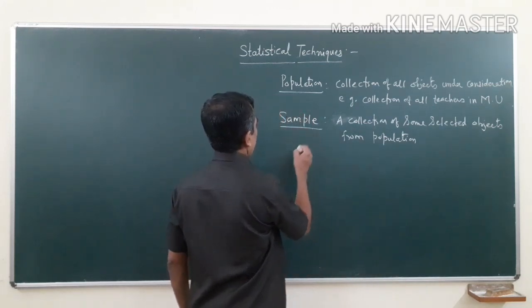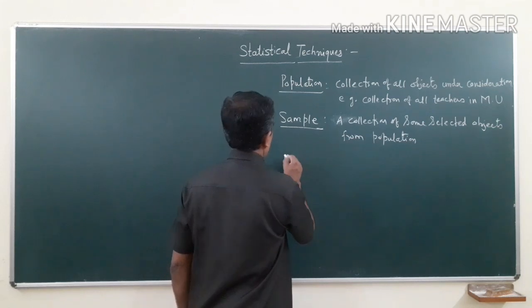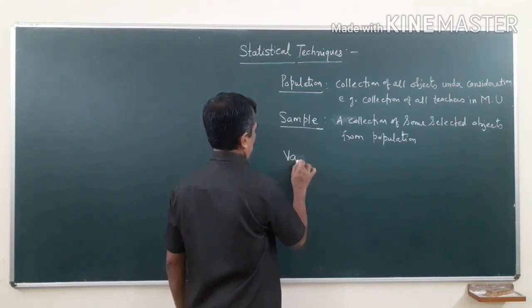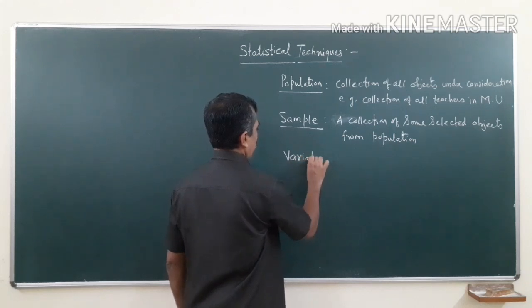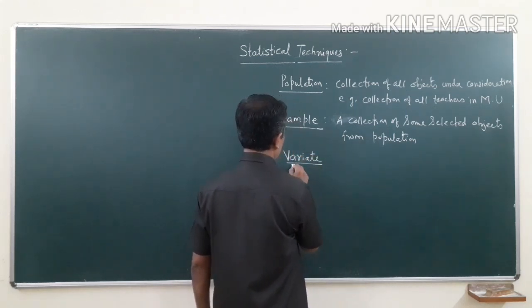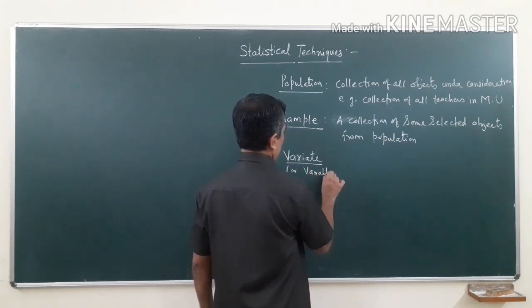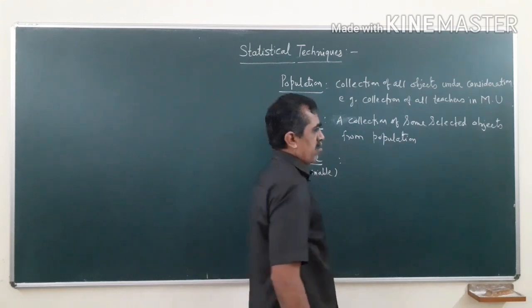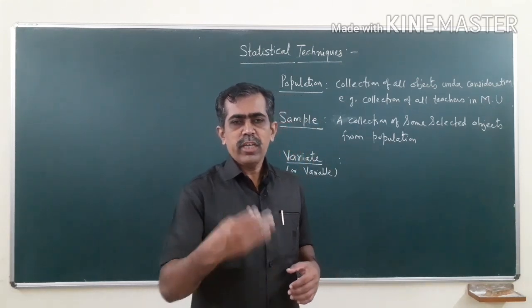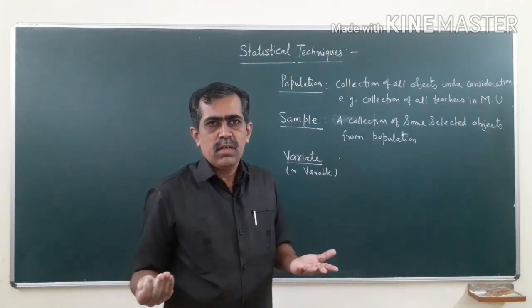Next thing we require is the variate, also called a variable. Suppose I want to collect the marks of students, then for each student I will get different marks.